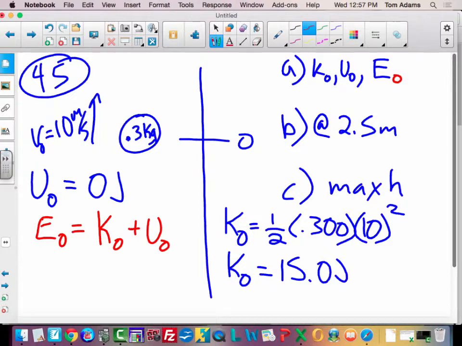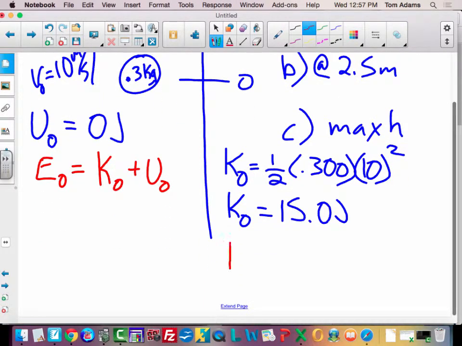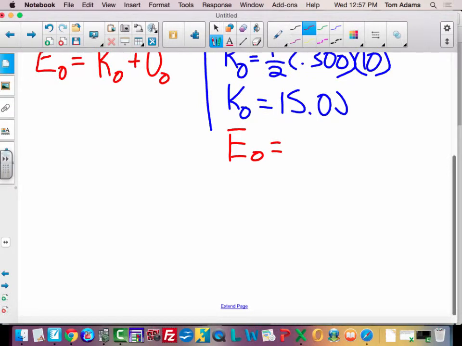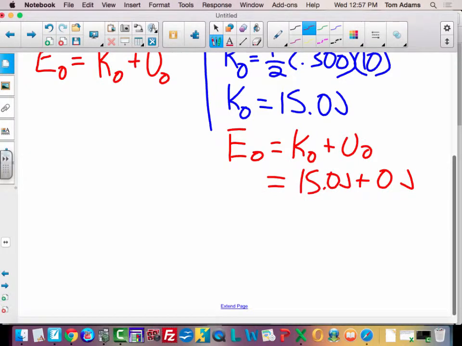So the initial mechanical energy is equal to K naught plus U naught, and we said that this is 15.0 joules plus 0 joules. So the initial mechanical energy is really just 15. Does that make sense to you guys? Yeah. So mechanical energy is the sum of all the energies.